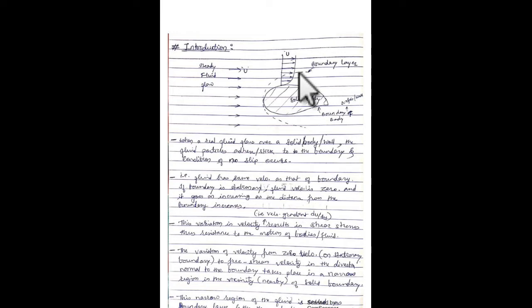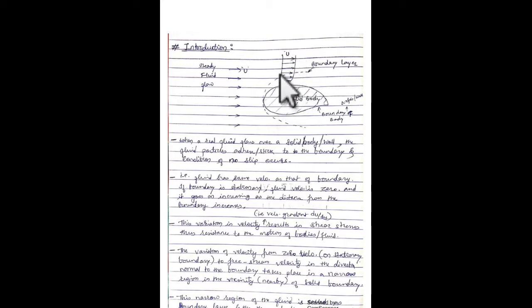For example, if we look at a stone kept in the flowing water in a river, we can observe that some boundary layer is created on that body, above that stone. That layer on the stone is nothing but a boundary layer, where we can experience the velocity profile.